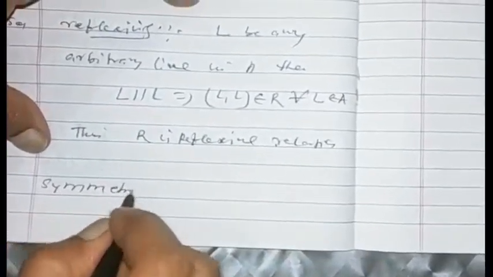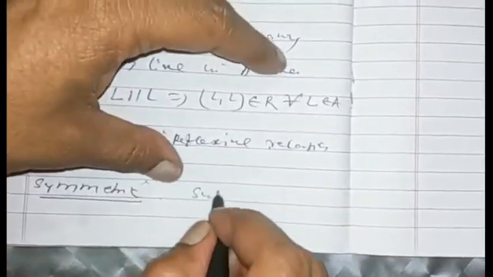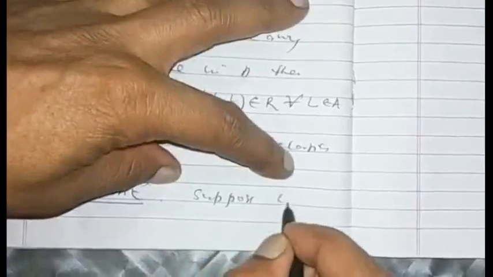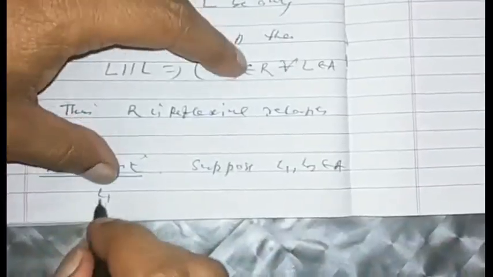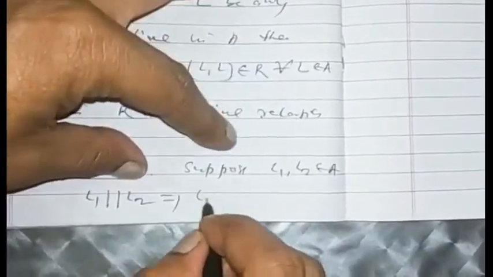Symmetric. Suppose (L1, L2) belongs to set A, therefore L1 is parallel to L2, and this implies L2 is parallel to L1. Suppose this is the line L1 and this is the line L2. L1 parallel to L2, then ultimately L2 parallel to L1.